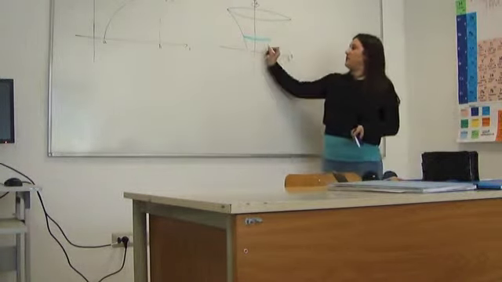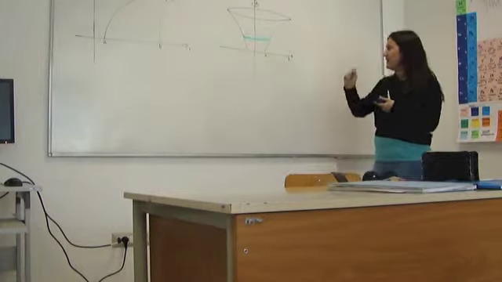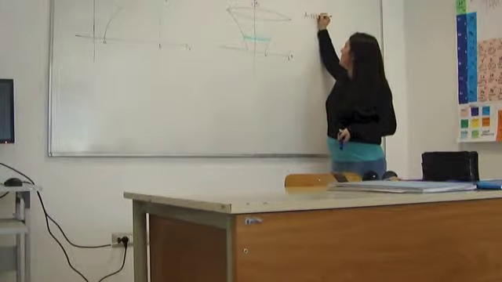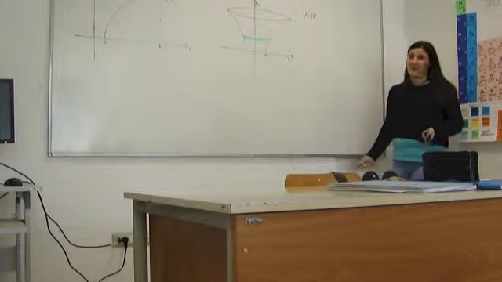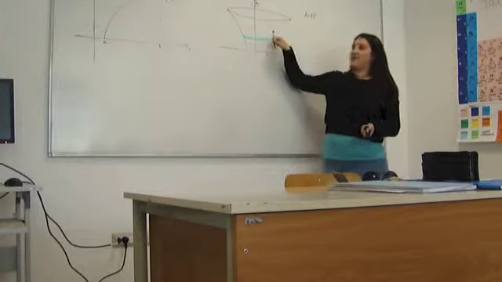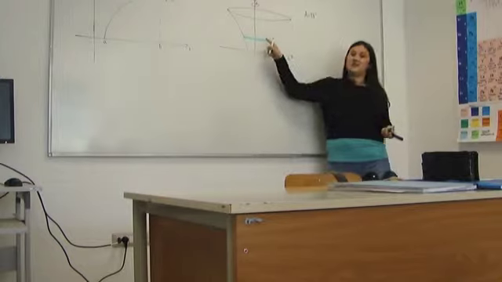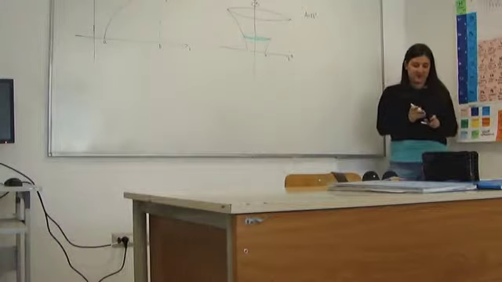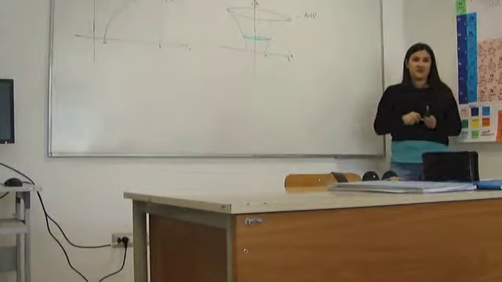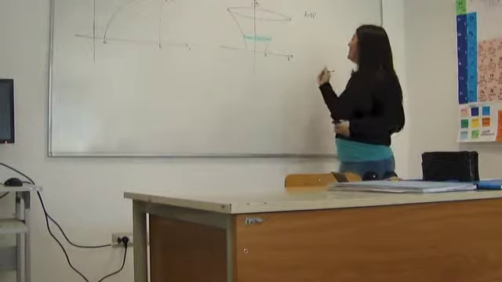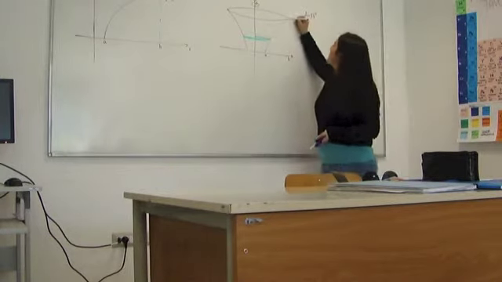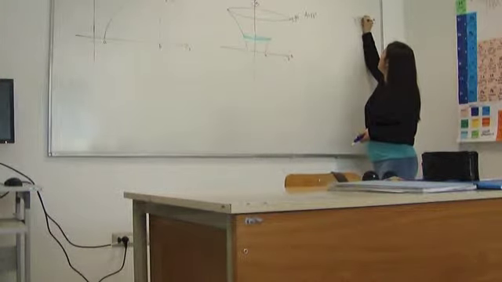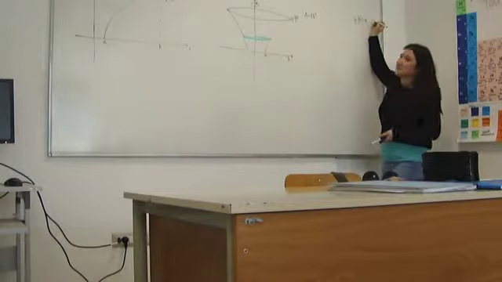So we need the volume of one of the little disks, and as we did before, we need the area, which is pi r squared. What is the radius of this little disk? G of y. So if this is y equals f of x, we need to write it explicitly in terms of g of y.